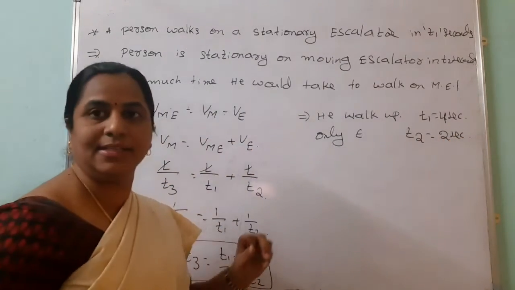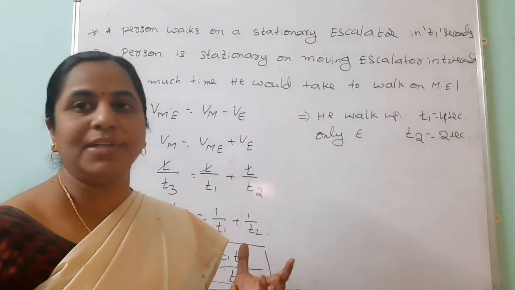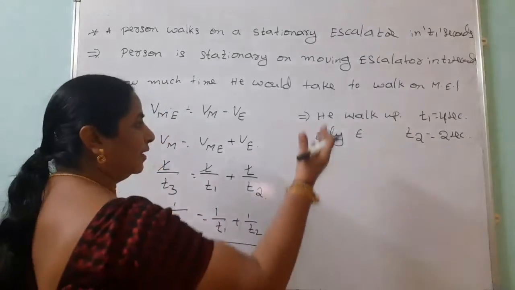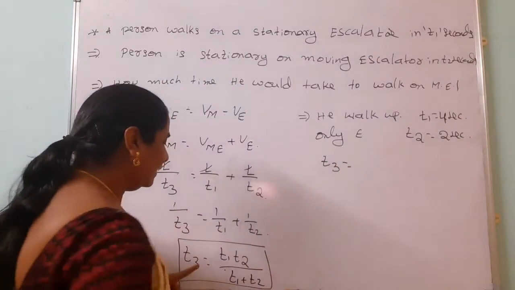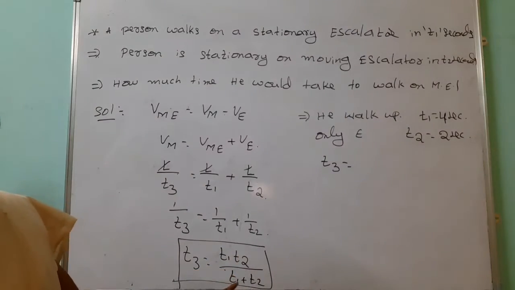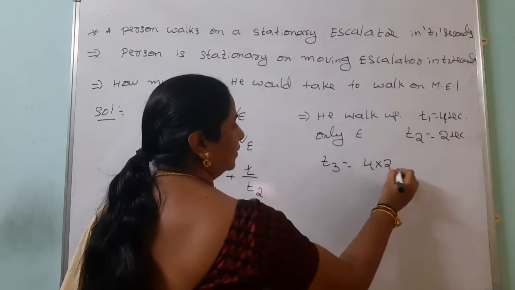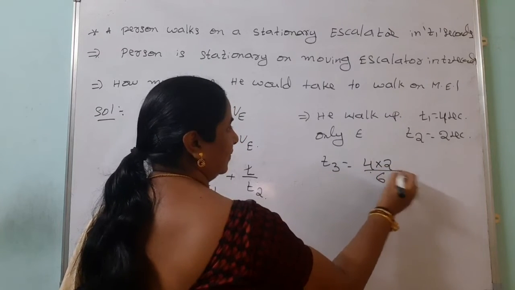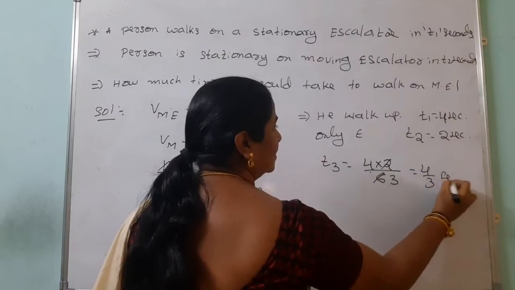Now the question is, he is walking and the escalator is also moving. How much time will he take to cover the distance? Directly we can use this formula, T3 equals T1 T2 by T1 plus T2. So 8 by 6, that is 4 by 3. Our answer is 4/3 seconds.